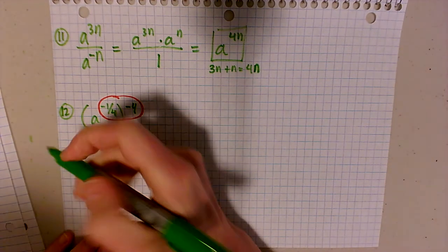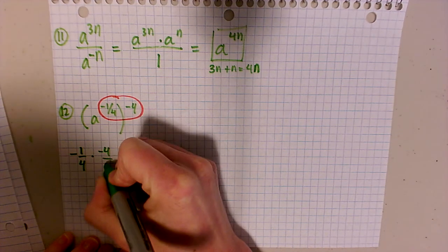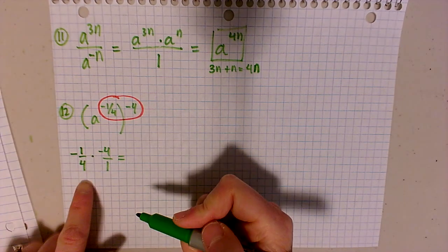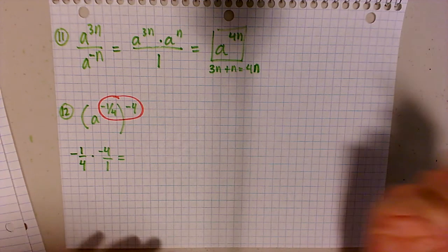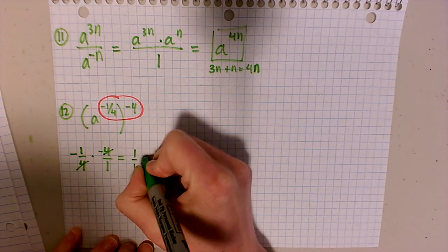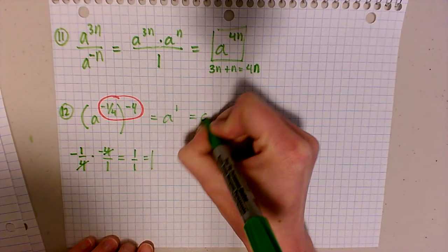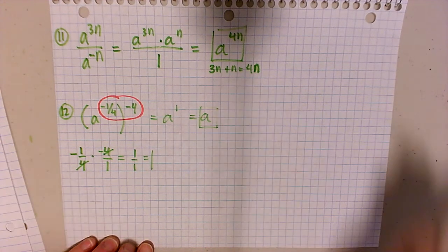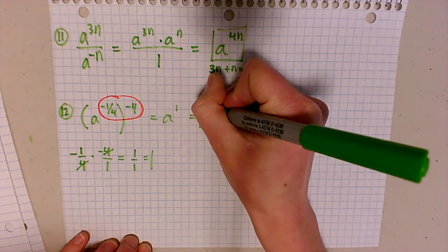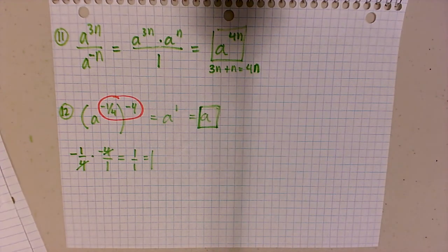So I'm going to do negative 1/4 times negative 4 over 1. And if we do a negative times a negative, well, that turns into a positive and they disappear. The 4's cancel, and your answer is just a positive 1. So then this is just a to the 1, or just a. Right? And something that looked really messy simplified out to be something very nice.